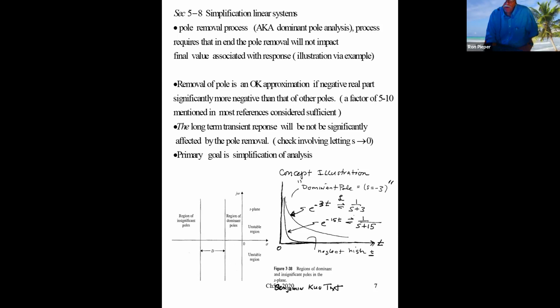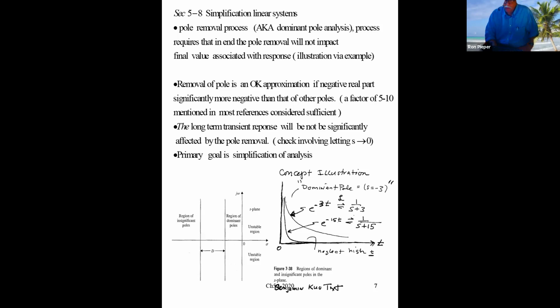So the concept behind the dominant pole analysis is really not that difficult. It's a pretty simple idea. And that is that, let's say, you solve the problem and the results were pretty much a stable solution with decaying exponentials.